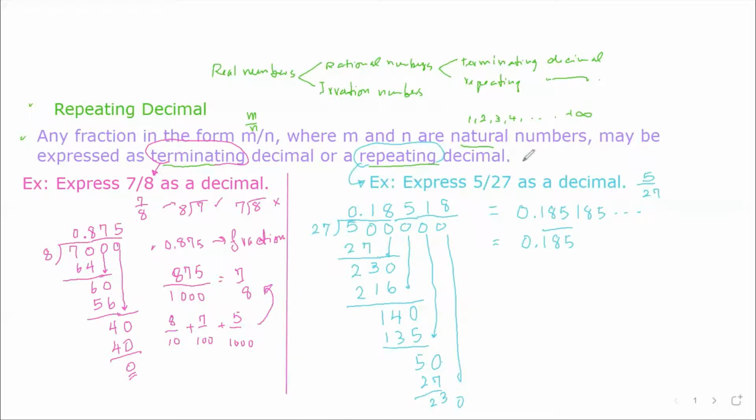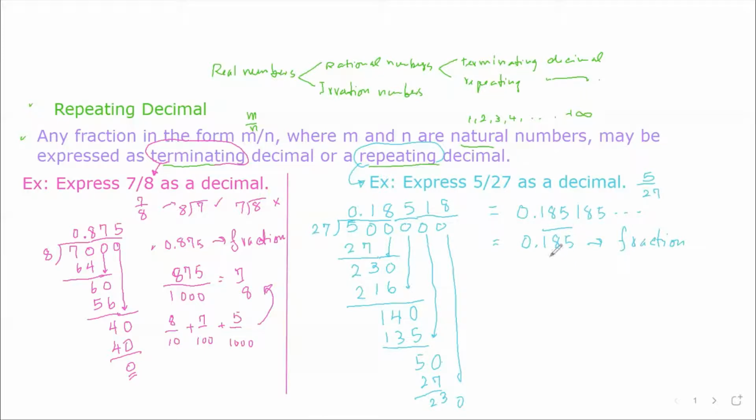To the repeating decimal. If the question gives you this one, 0.185 repeating, convert to a fraction. Now in this case, it's going to be harder. So how are we going to do it, because we keep repeating here?